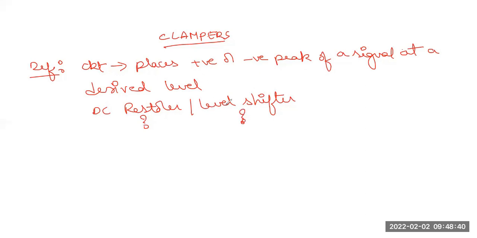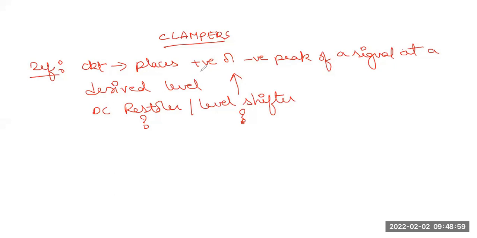The clamper circuit is called a level shifter because it is trying to shift the peaks of the signals to a particular position. So that is why we call it a level shifter. Then why is it called a DC restorer?